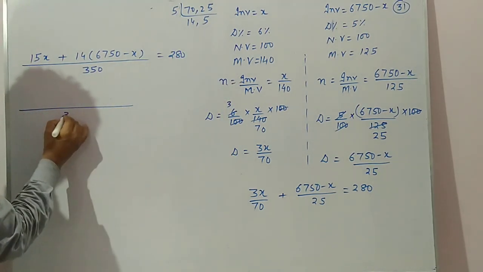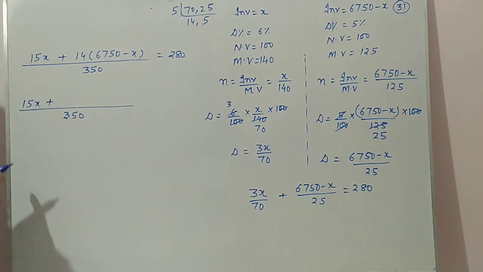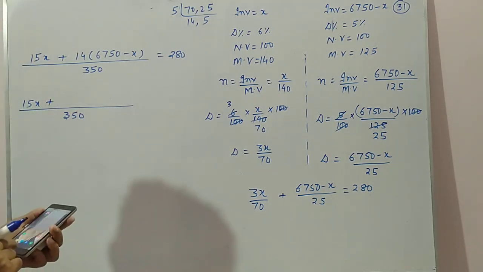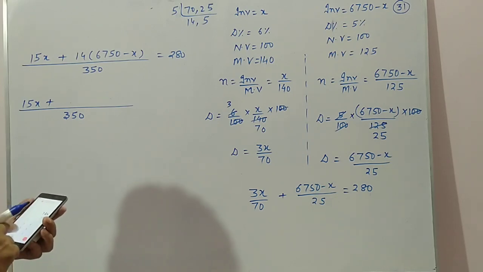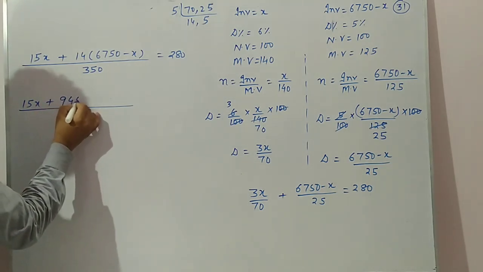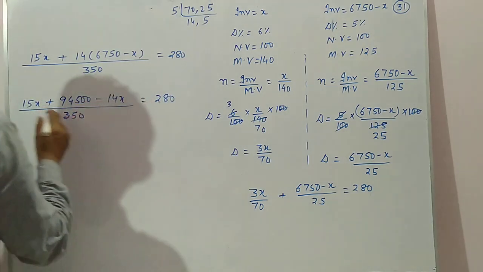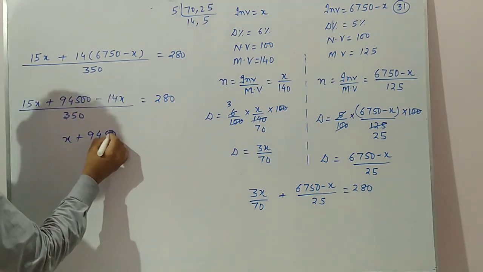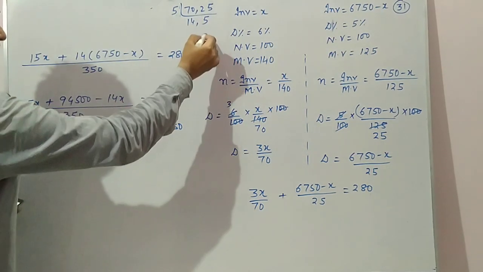LCM, that is again 350. This is 15x plus 14 into 6750, that is 94,500, minus 14x equal to 280. 15x minus 14x, that is x, plus 94,500 equal to 280 into 350.